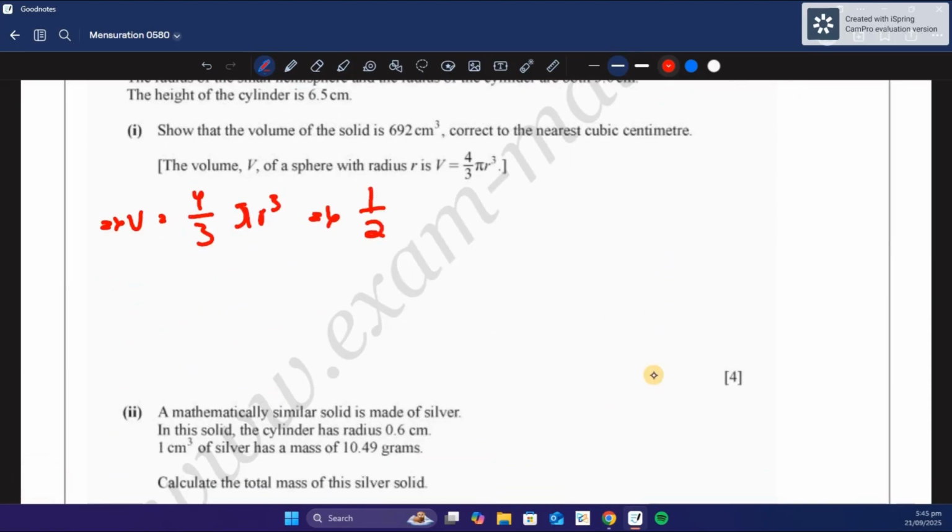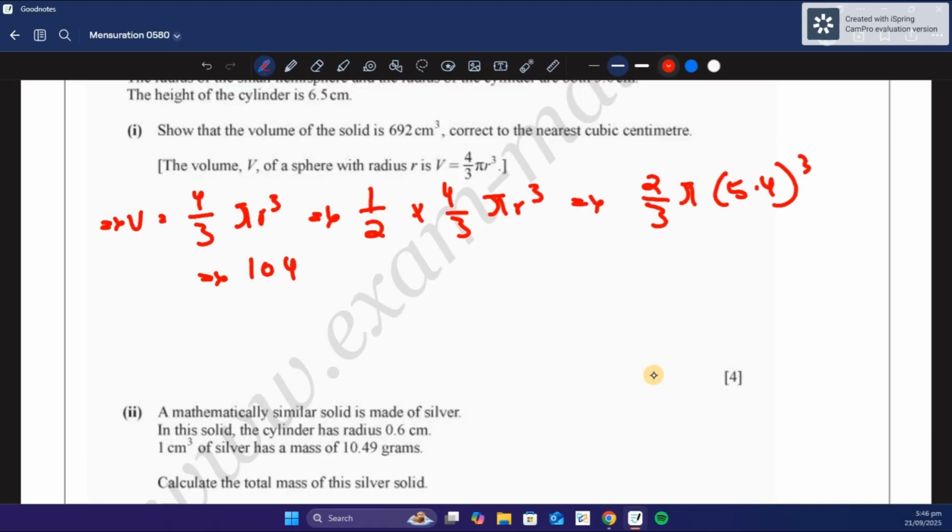So we're going to do 1 over 2 into 4 over 3 pi r cubed, which will give us 2 over 3 pi into 5.4 cubed, which is our radius, and that should give us 104.97 pi.